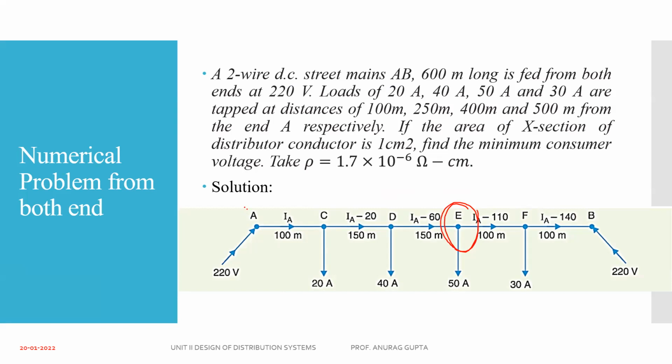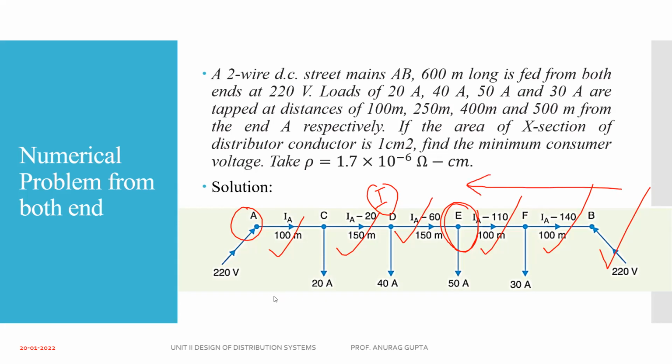Number one, VA minus IA into RAC minus ICD into RCD minus IDE into RDE. Number two, we can do VB minus IFB into RFB minus IFE into RFE. Hopefully you're getting my point. We can find the potential at this point also and this point also.